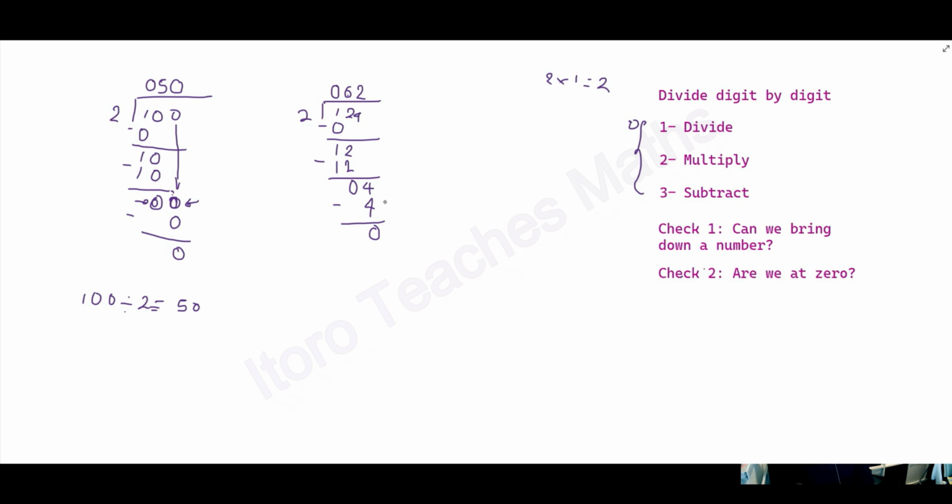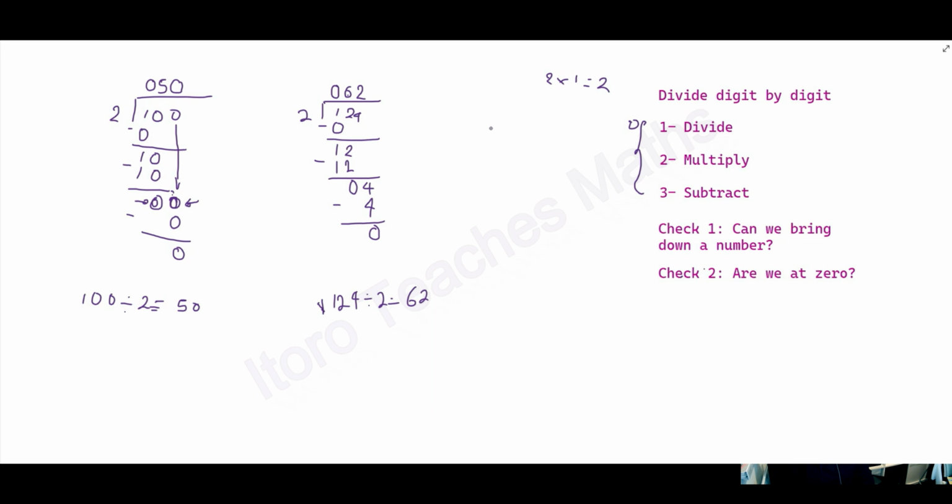No, we can't. So we do the next check. Are we at 0? Yes, we are. So this is where the end is. 124 divided by 2 is 62. I'm going to do one more and then I'll show you a shortcut.